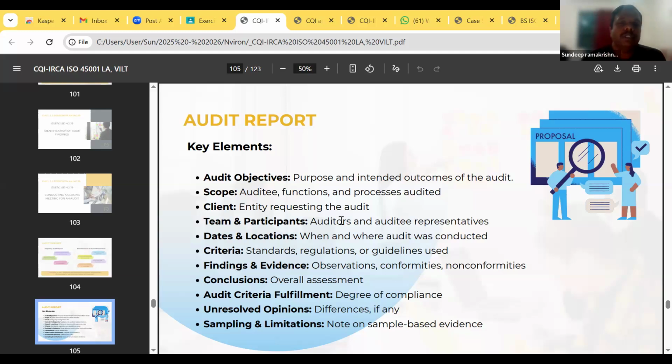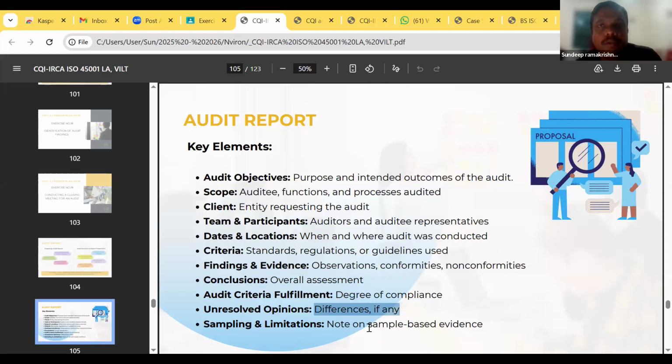You should include a statement. If there are only documentation errors, then you can consider that most of the criteria are fulfilled. And if there are any unresolved opinions, such as the auditee not accepting your findings, this can be recorded in the audit report.